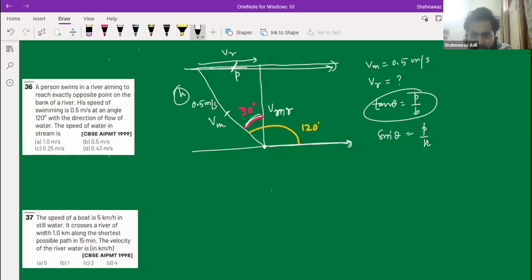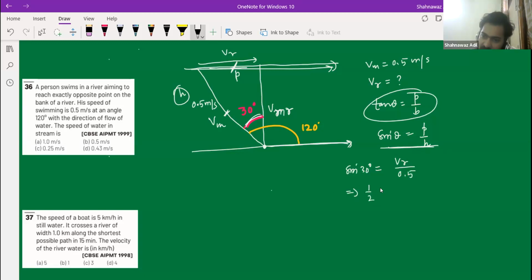So whatever the answer is, don't bother about it. We have to relate this perpendicular and hypotenuse. So we will use sin theta, right? So sin theta, which is sin 30, this would be perpendicular VR by hypotenuse, which is 0.5. So sin 30 is how much?